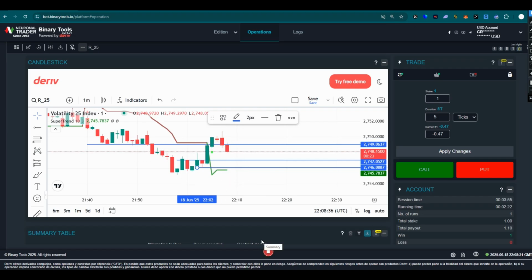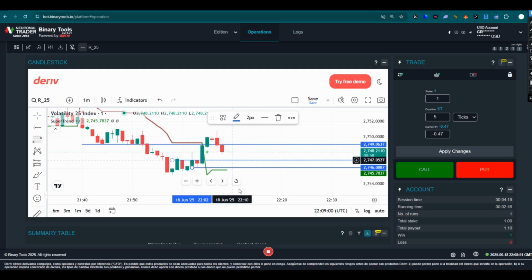So let's wait. Still there's some rejection at this area, this one which I have told you about here. You can see this candle try to break it, but goes up, try to go down, goes up. Simple, just like that. So for me, my target now to trade is this area, because I know the market will come and touch this area and create some weakness going up. But it depends on the size of these candles and the speed of this candle, but I can see it creates some rejection.